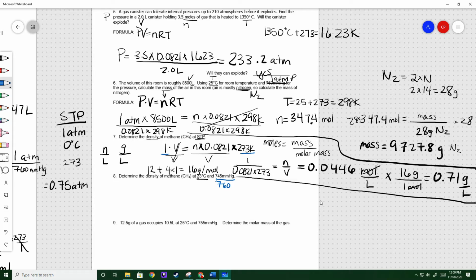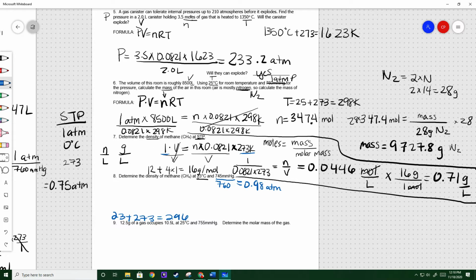Okay, so now if I wanted to do this one, I'd have to convert, so 223 plus 273 would give me 296. And then this 745 divided by 760 gives me 0.98 atmospheres.